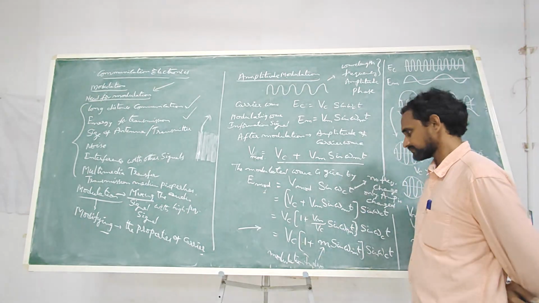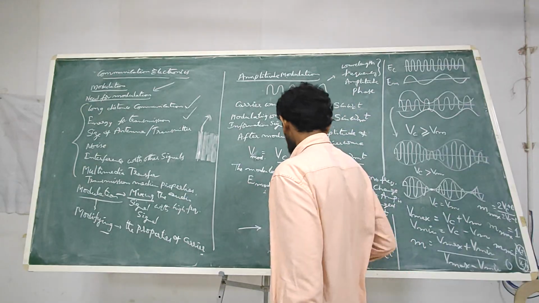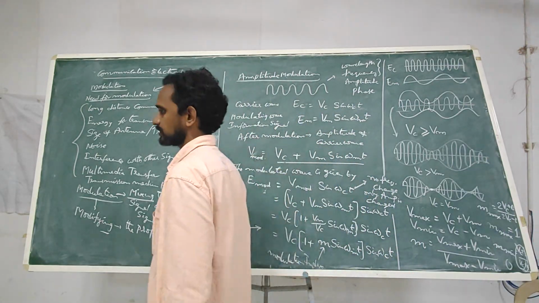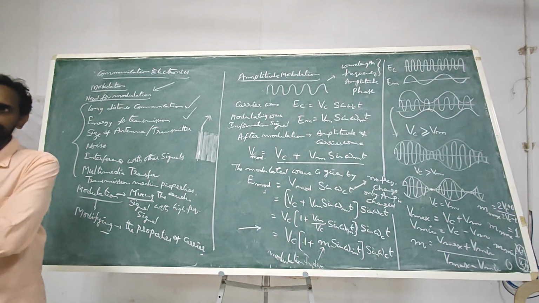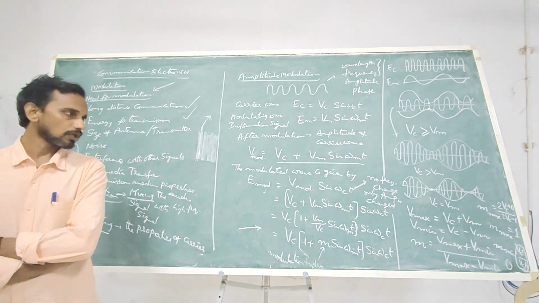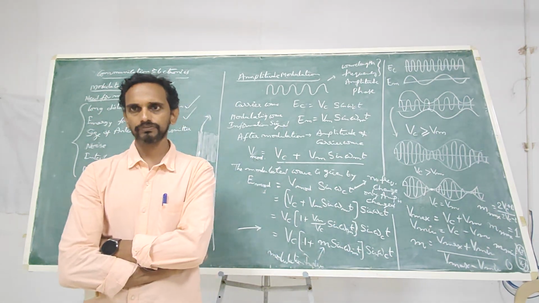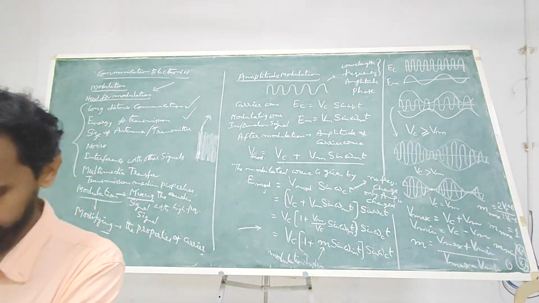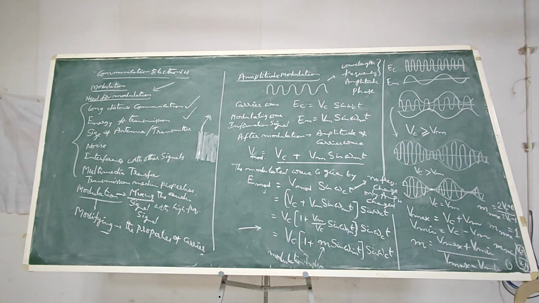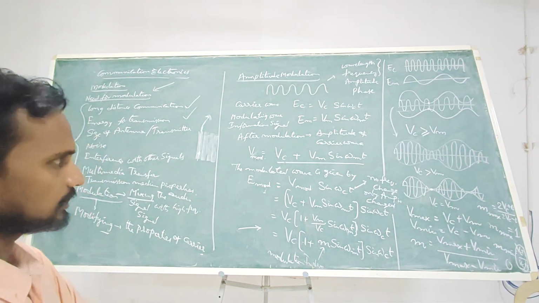So that I will confirm through the equation. So when M is 0, you will be left with only the original signal, and when M is 1, you have a modulated signal, maximum possible modulation. We confirm how M becomes 0, why it is not infinity.